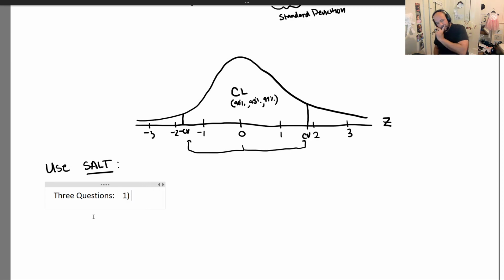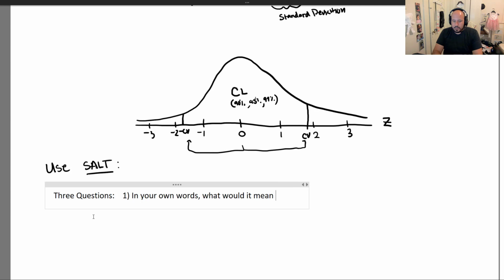The first question is, in your own words, what would it mean to have 82% confidence in a confidence interval estimate? Okay?